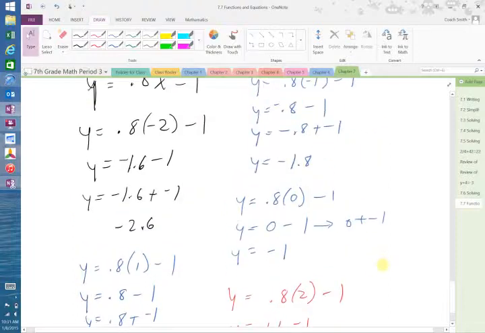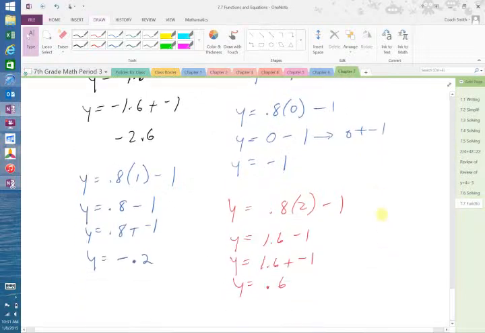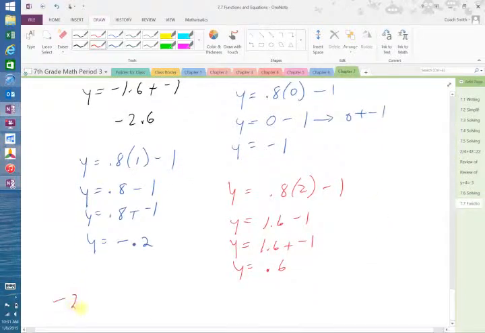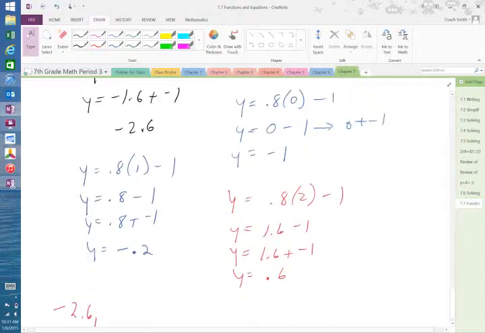Okay, so your range for that one was negative 2.6, negative 1.8, negative 1, negative 0.2, and 0.6.